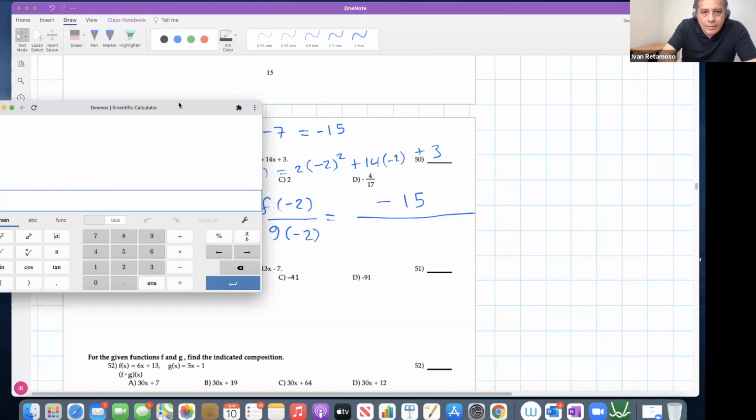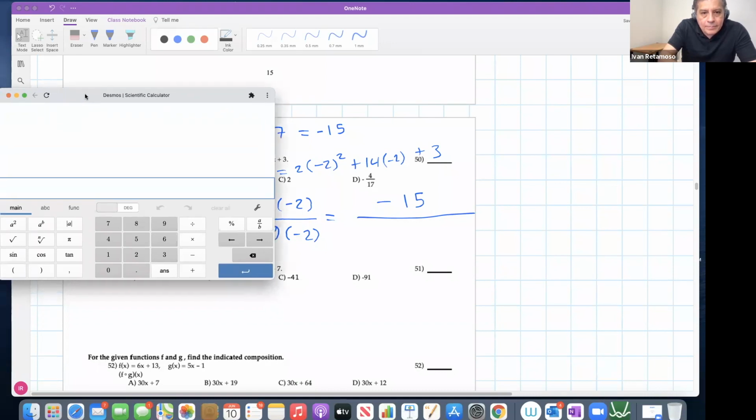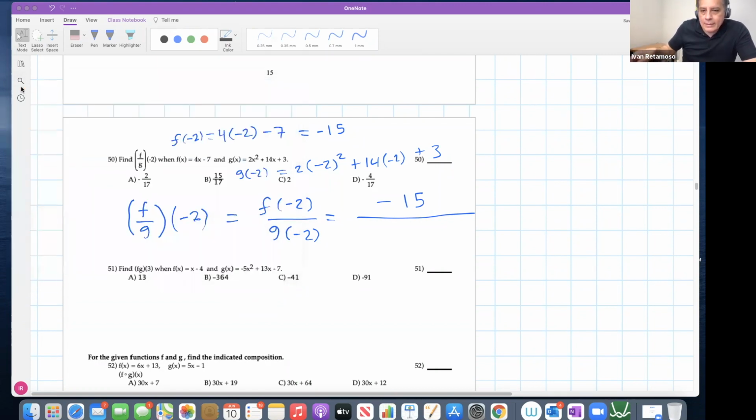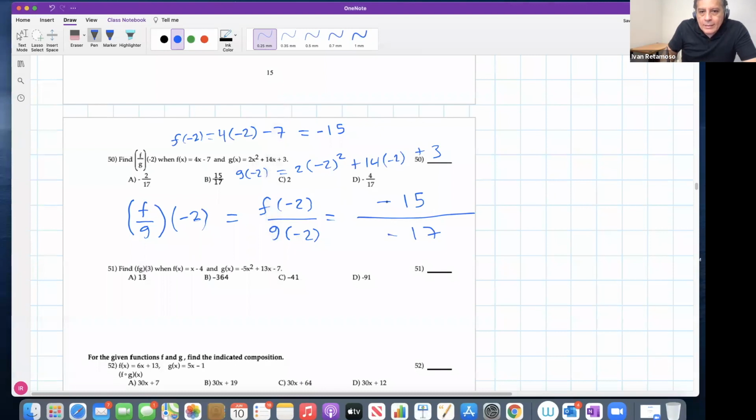So it should be simply negative 2 times, use parentheses for negative input values, negative 2 squared plus 14 multiplied by negative 2 and plus 3. I got negative 17. Negative divided by negative is positive. So the final answer for this should be 15 over 17, which is here, right?